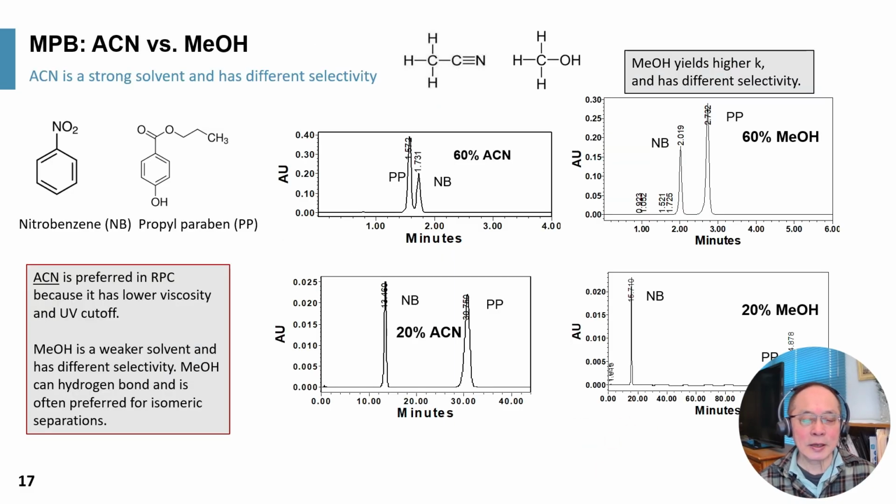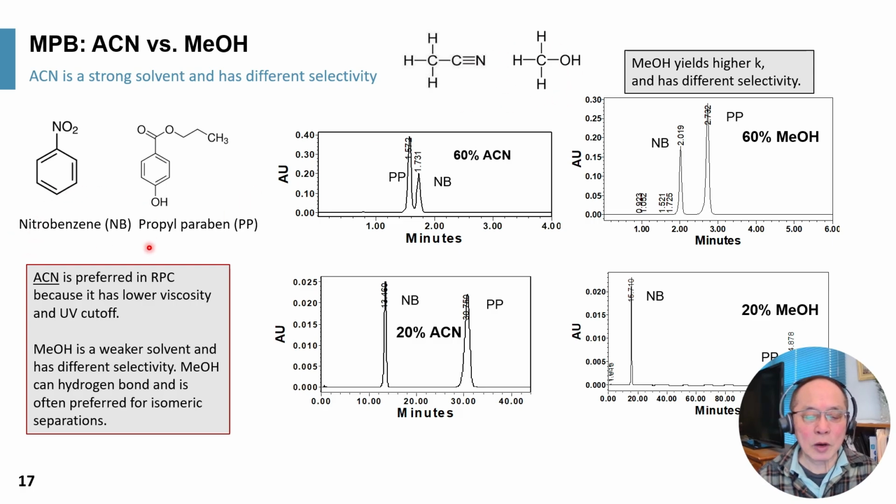Another case study of a mobile phase, comparing acetonitrile with methanol. We mentioned that acetonitrile is a stronger solvent, but methanol has a different selectivity. So here is the structure of acetonitrile, and also methanol. And we have two analytes here.